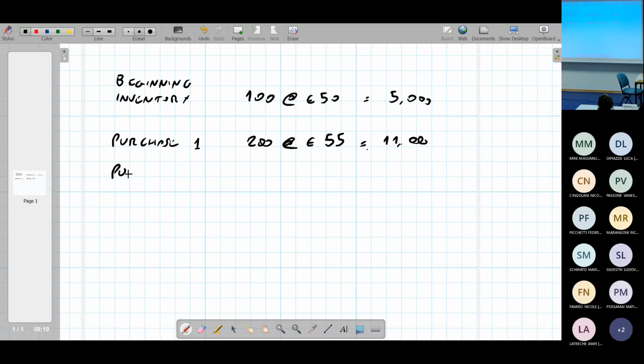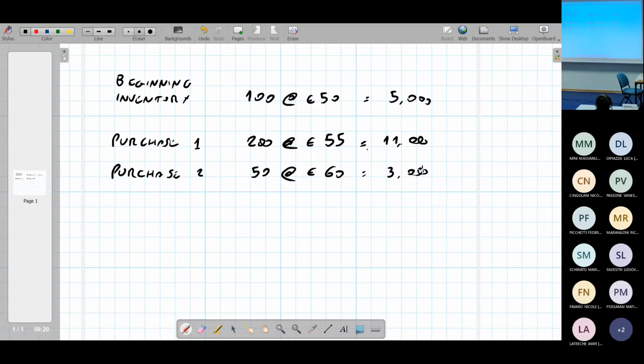And purchase number two, another date: you buy another, let's say, 50 units at 60. Let's assume the prices are increasing pretty fast. So that's 3,000.